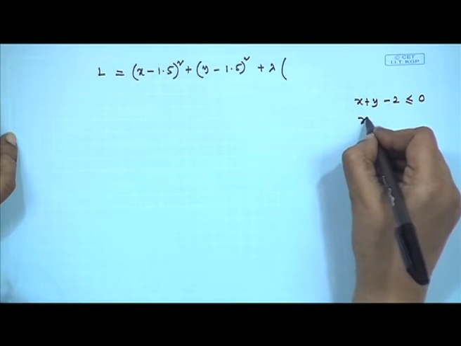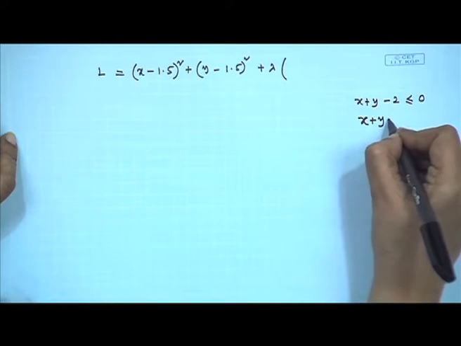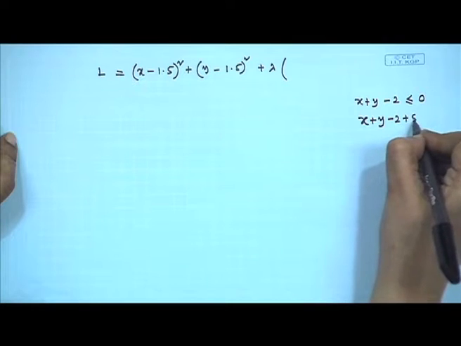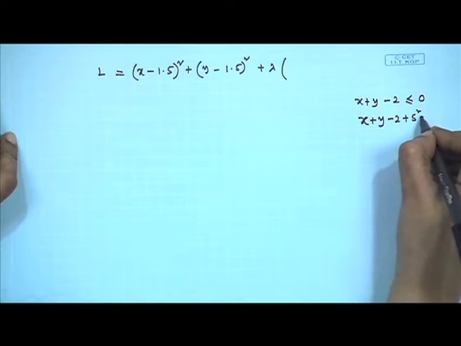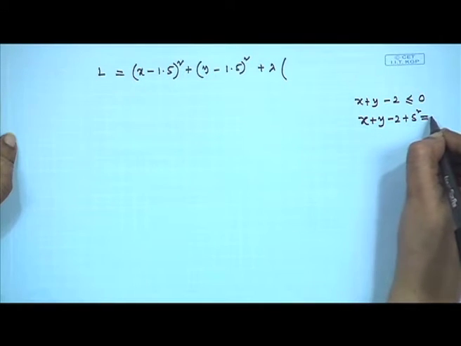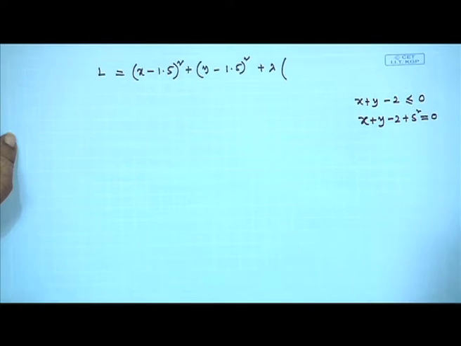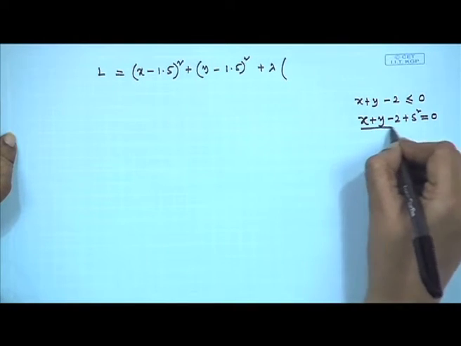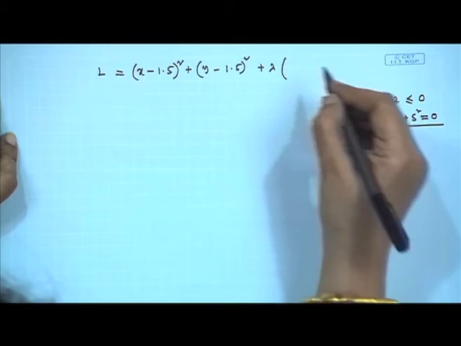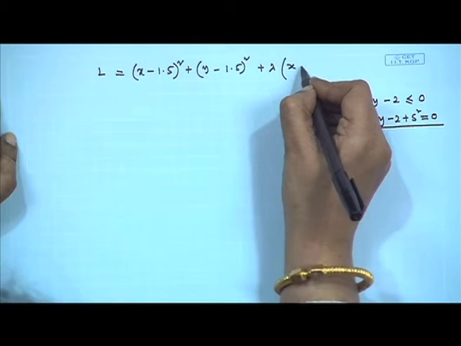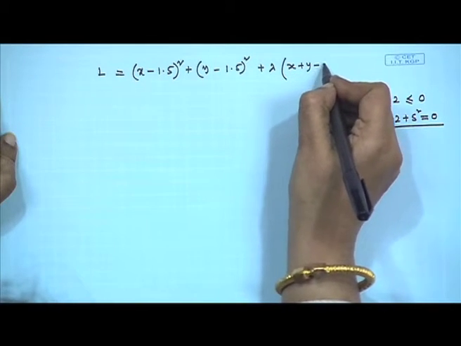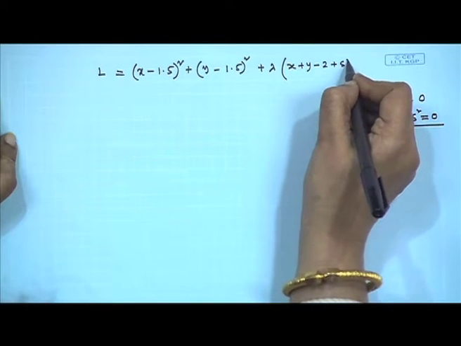We can introduce a slack variable. Since we are enforcing positivity, the slack variable can be written as s square. Thus, including this equality constraint, this is my Lagrange function: x plus y minus 2 plus s square.